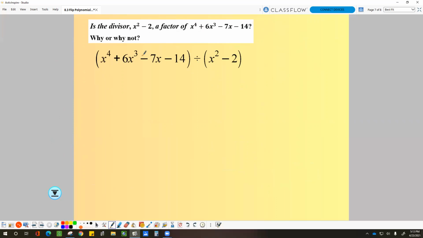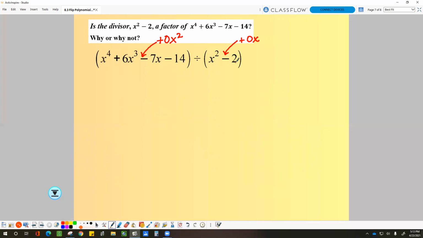Here I have degree 4, degree 3, I'm missing a degree 2, plus 0x squared, degree 1, degree 0 for my dividend. For my divisor, I have x squared plus 0x minus 2.